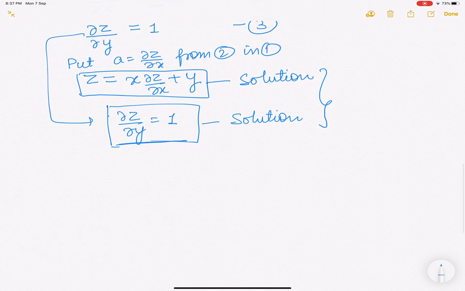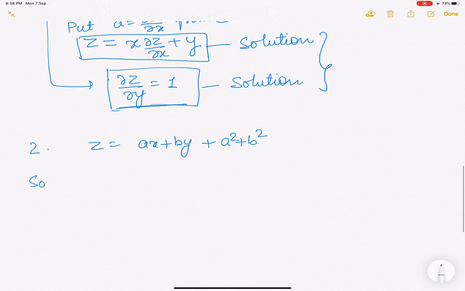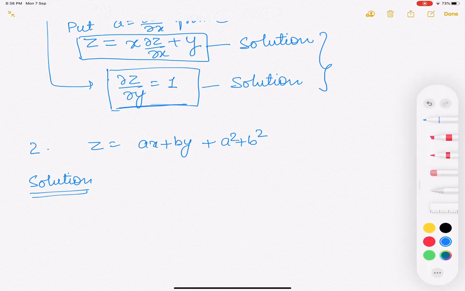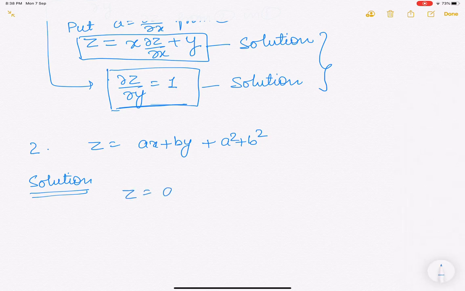Let us move to the second condition. In the second condition, we had 2 constants, z is equal to ax plus by plus a square plus b square. So when we write the solution, I'm not writing this equation again. Okay, let us write z is equal to ax plus by plus a square plus b square.